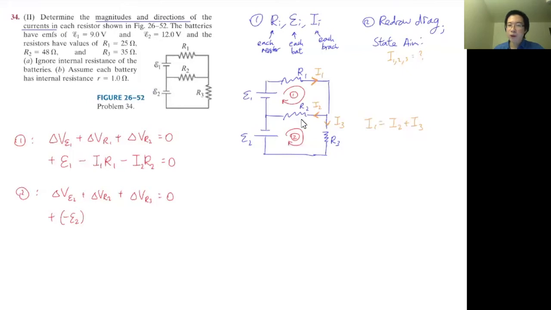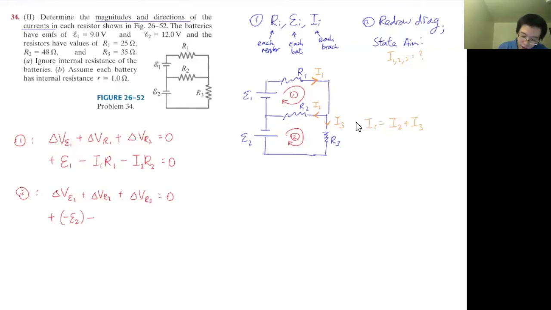Now I hit this guy. It's a resistor, so normally you do minus, but you see the current is, again, going the wrong way against my analysis. I'm analyzing from left to right, so I'm trying to write down the potential drop in this direction, but the current is going against the way that I'm analyzing it.